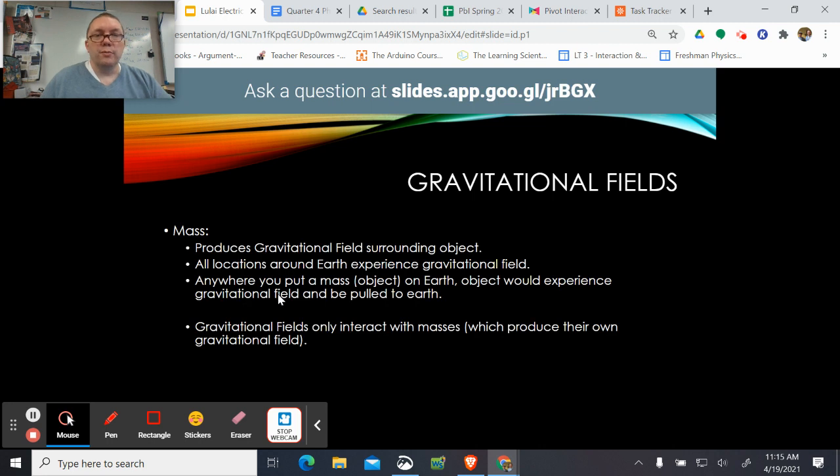So masses produce gravitational fields all around things. Right here, there's not a mass, but the gravitational field of the Earth exists there. If I put a pen there and let go, it falls down because that gravitational field interacts with that mass.